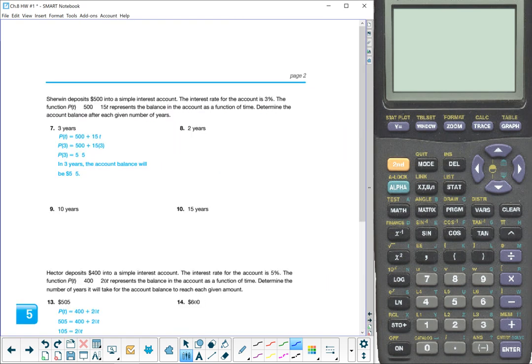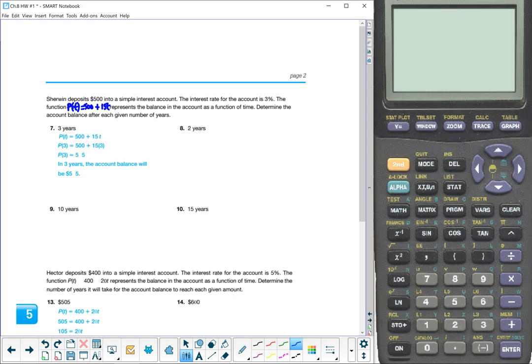Now, second page, we're going to go ahead and start doing some work. Sherwin deposits 500 into a simple interest account. The interest rate for the account is 3%. The function, looks like we're missing some stuff. Looks like it should be P of t equals 500 plus 15t.